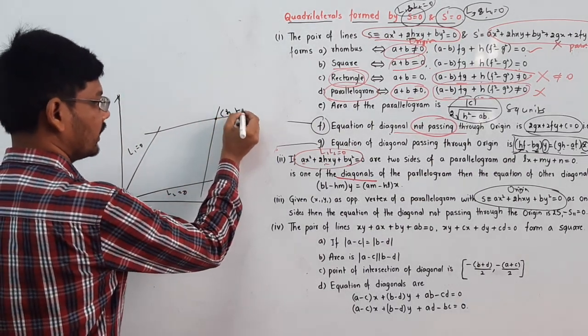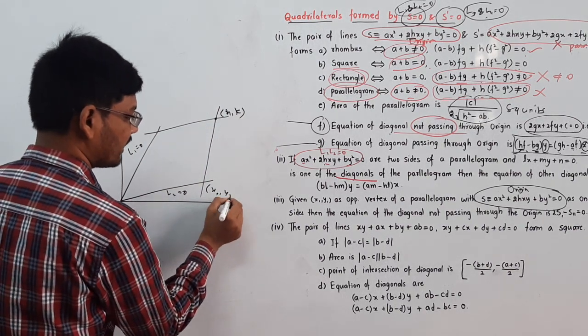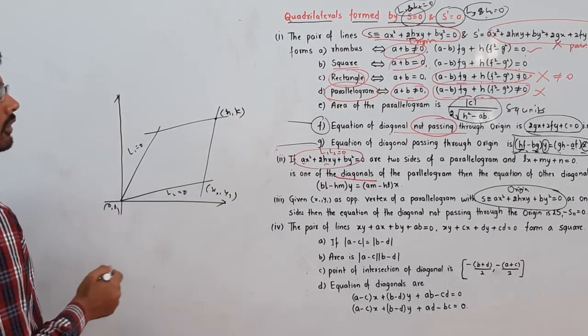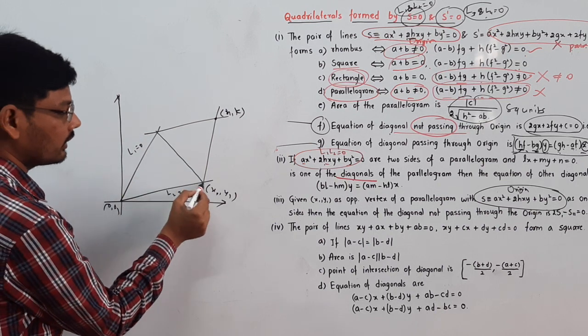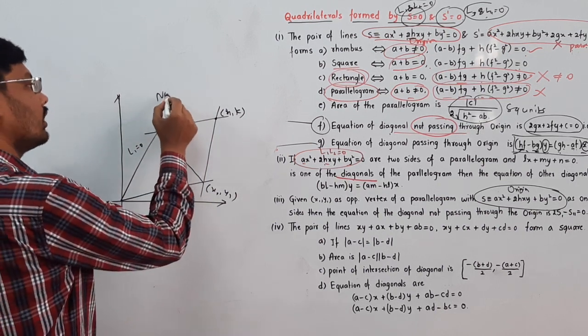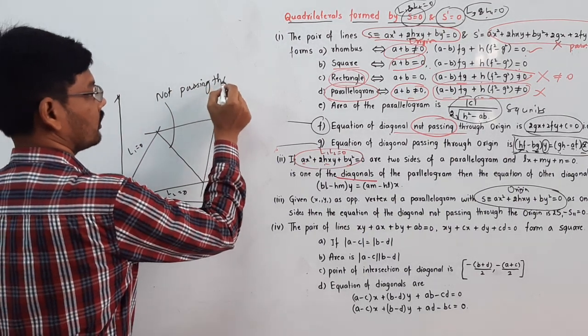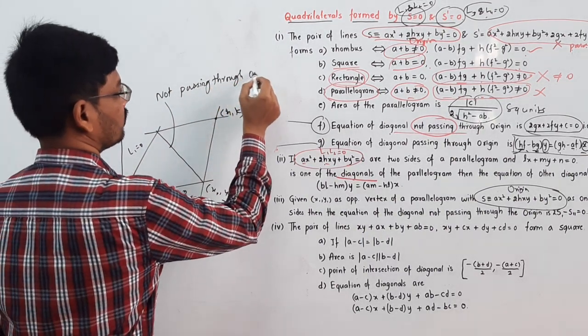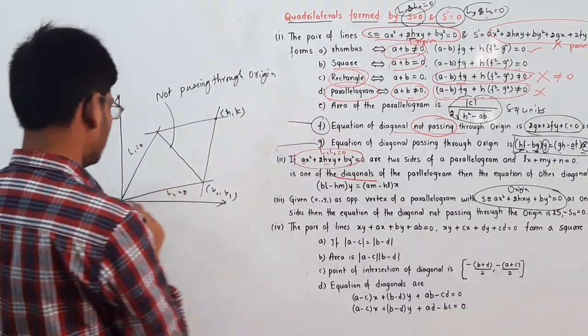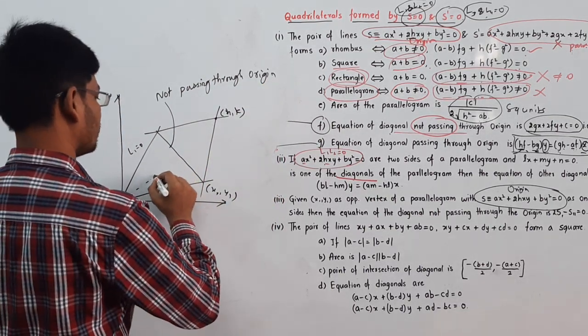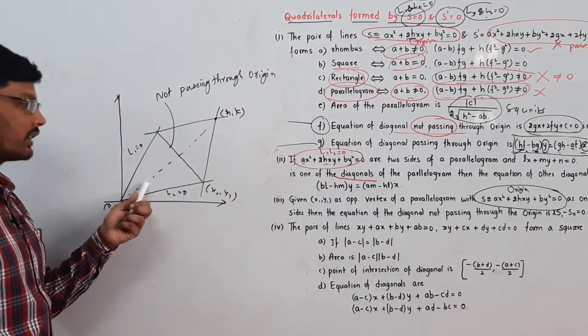here, this is already (h, k), and if you are given (x1, y1), now the diagonal which is not passing through the origin, here this is the diagonal passing through the origin.